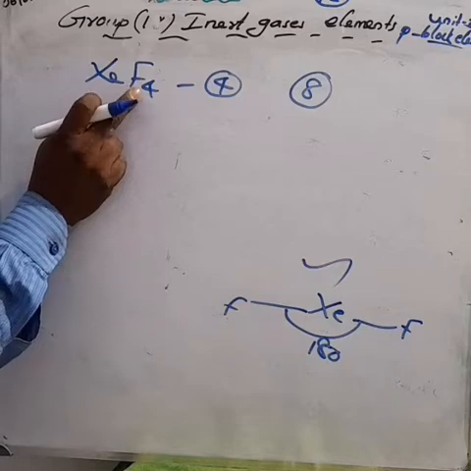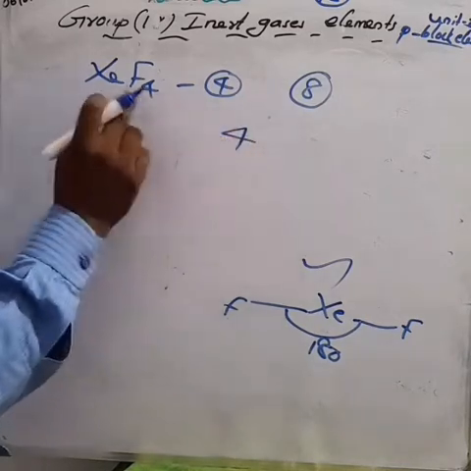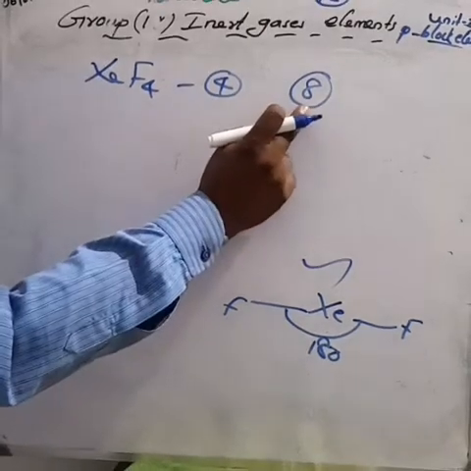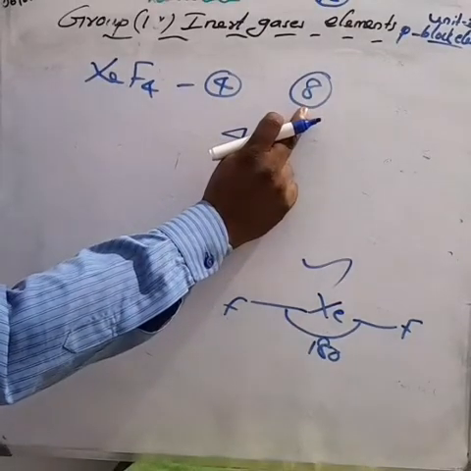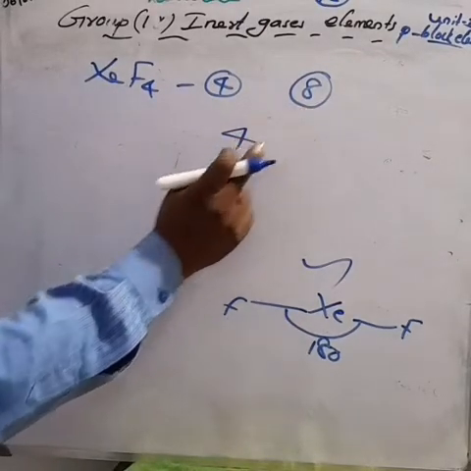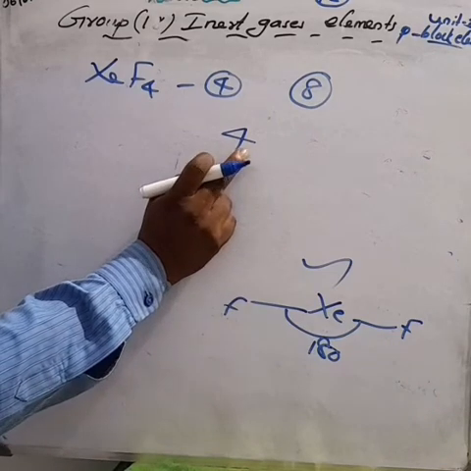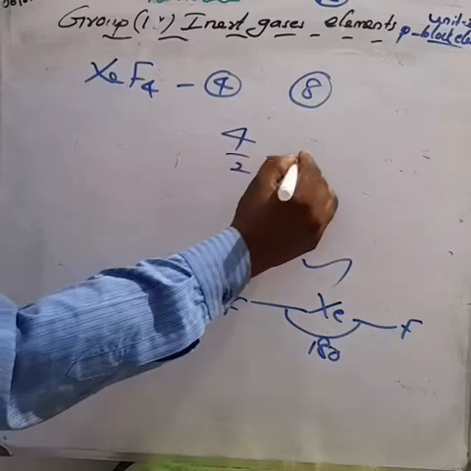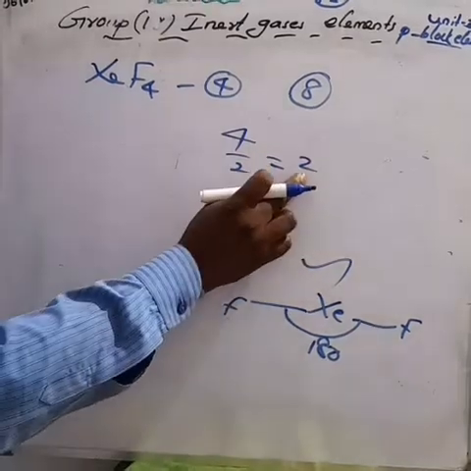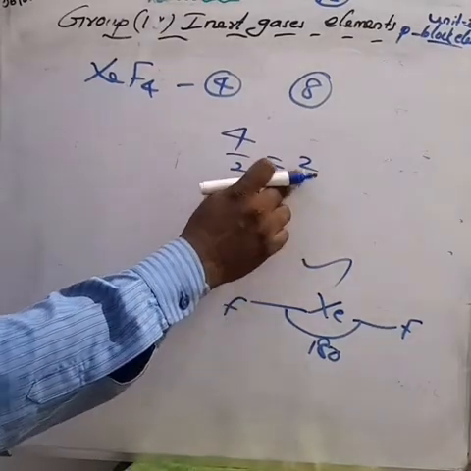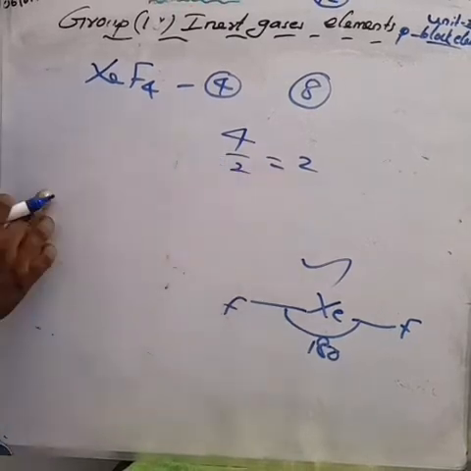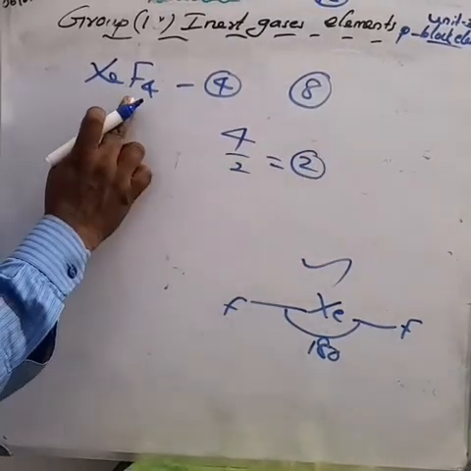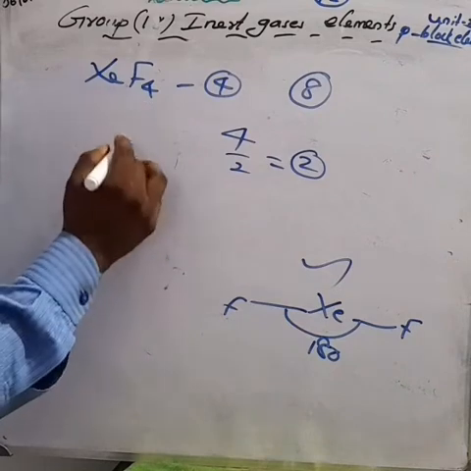So 4 fluorine atoms are bonded. Xenon has 8 electrons in the outermost shell, out of which 4 are bonded. The remaining are also 4, so 4 by 2 is equal to 2 pairs. So xenon tetrafluoride has 2 lone pairs.